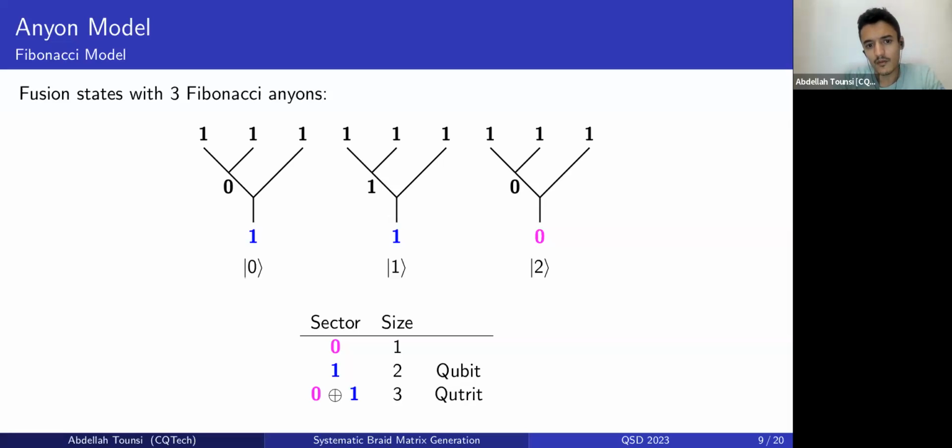So in the sector of 1, we have 2 possible fusion states, and we can encode a qubit. In the other sector, we cannot encode non-trivial quantum information. But if we sum them together, we have a qubit. And when we consider more than 3 Fibonacci anyons, the Hilbert space or fusion space of this system grows exponentially.